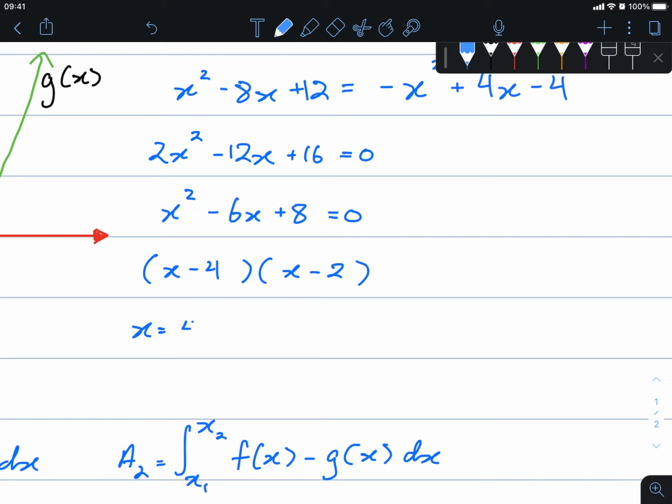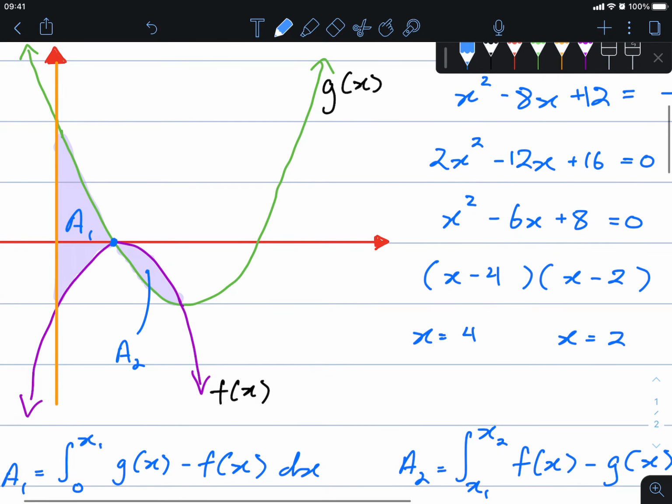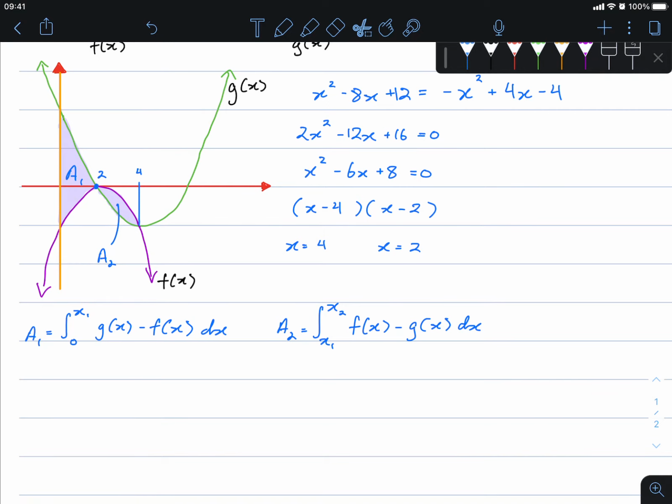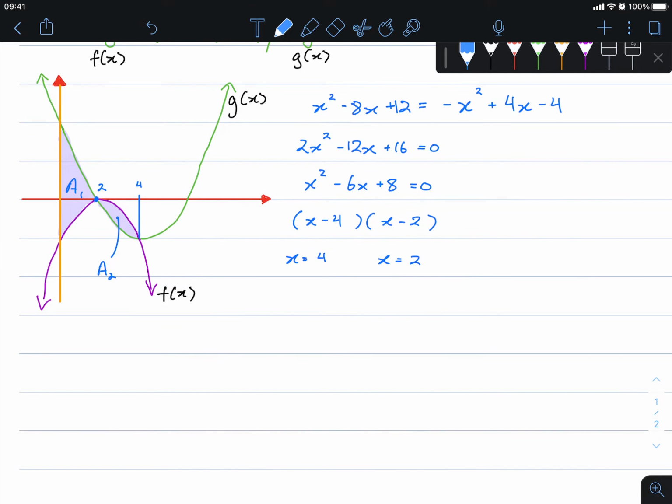We get x equals 4 and x equals 2. So this point here is 2, and that point there is 4. So now that we have these, we can now calculate the areas that we are looking for. Let's call this area 1.